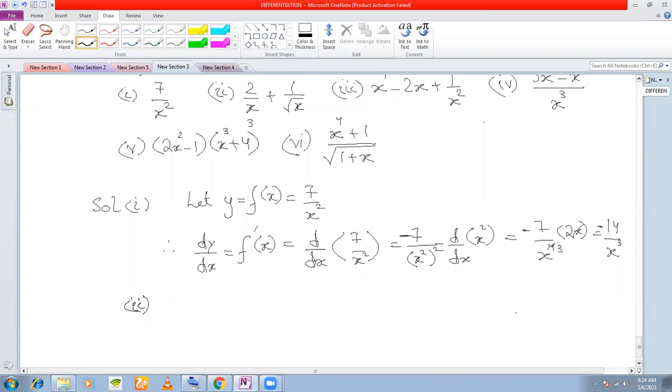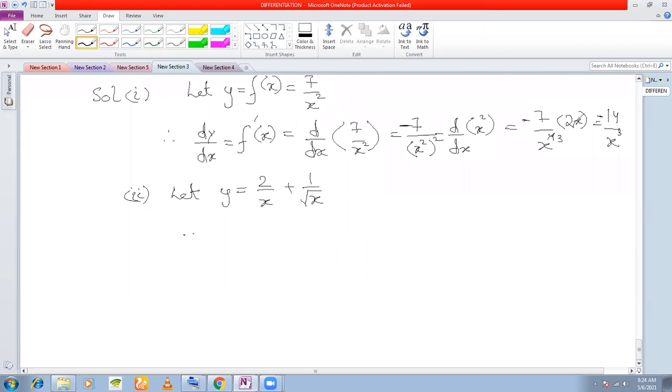Next, now the next function is 2 by x plus 1 by root x. So I start by saying that y is equal to f of x is equal to 2 by x plus 1 by root x.